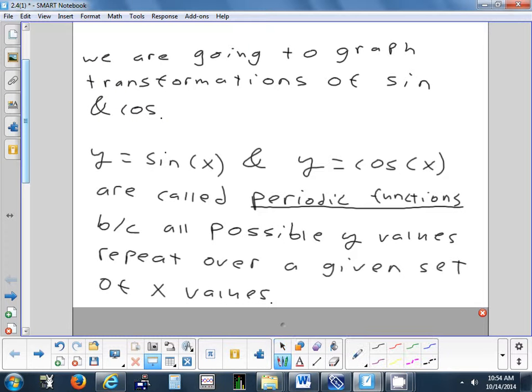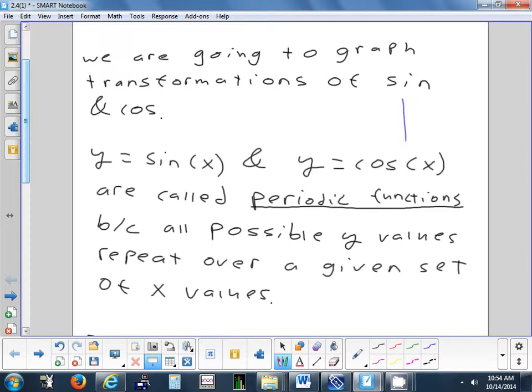Okay, and one way to kind of visualize it is to think of the unit circle. Okay, if you draw your unit circle, how many degrees do we have to go all the way around the circle before we end up back where we started? 360. Okay? And that's when things start to repeat again. Right?